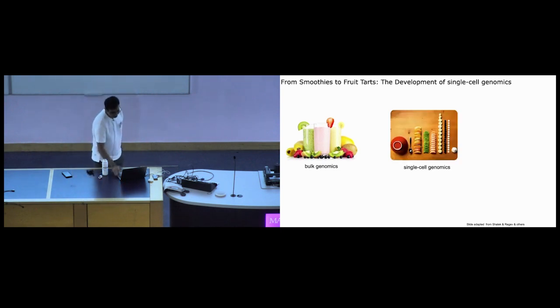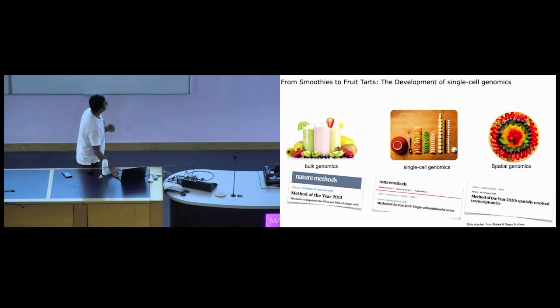And then there was single-cell genomics, where basically the smoothie now got decomposed into individual fruits. And then we have spatial biology, spatial genomics, where now we actually know the organization of cells. And then you can see this beautiful chart there as an analogy.